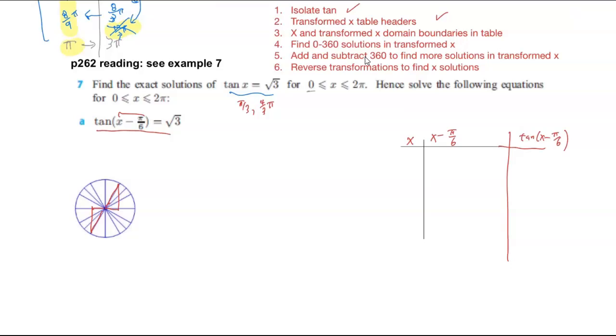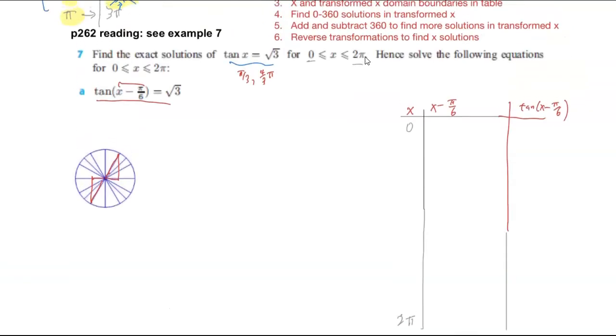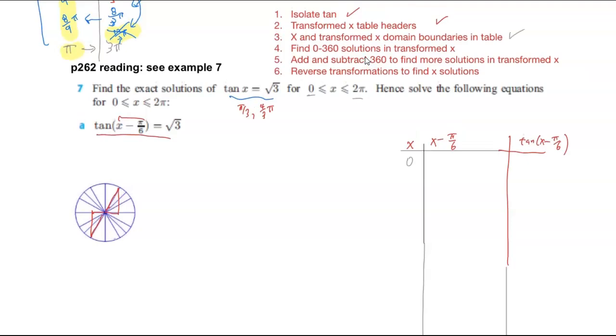Okay, so next step, we're going to find the transformed boundaries. So the boundaries are 0 and 2 pi in the domain of x, so we put 0 here at the top, and we put 2 pi here at the bottom. Okay, and then we're going to find out the 0 to 360 solutions in the transformed x. So we already did that, actually. We did it right here. They asked us to do that first.